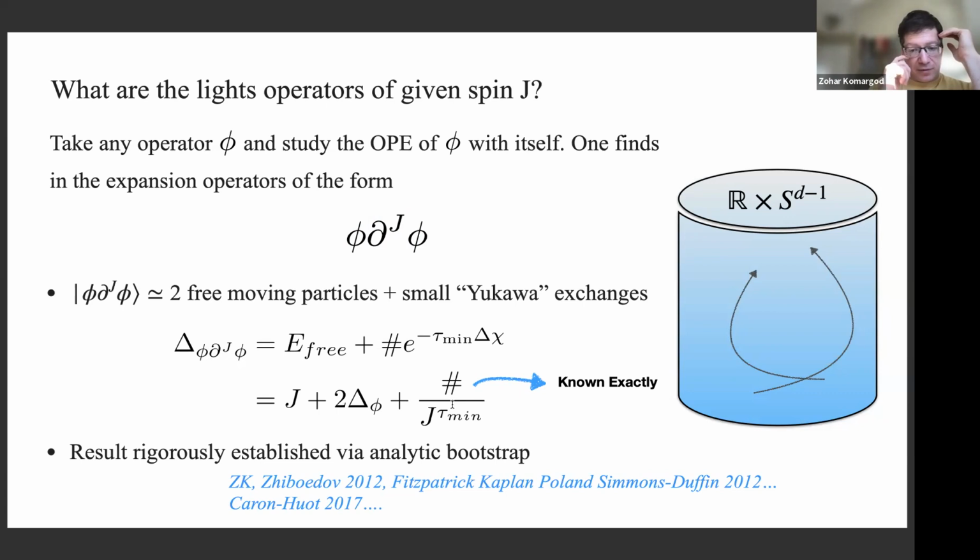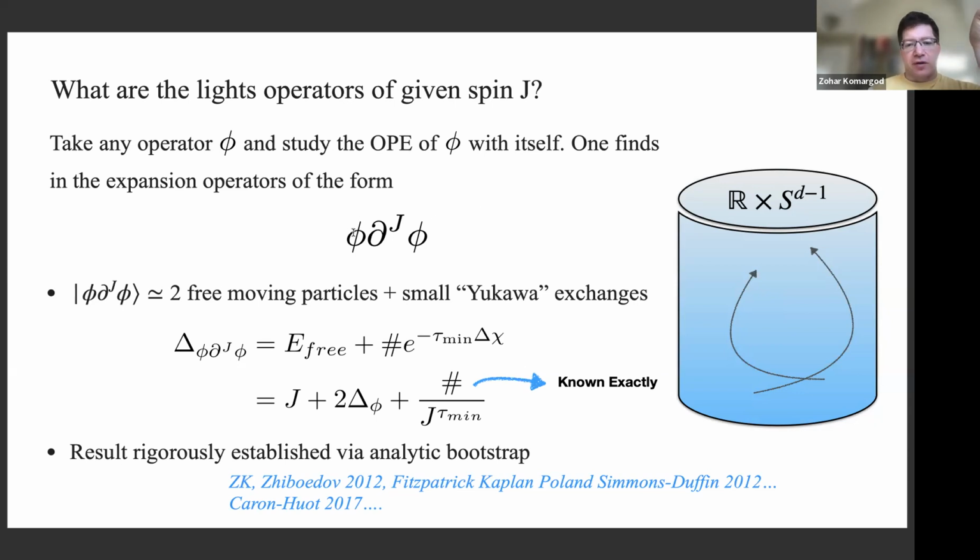After all, it's an interacting conformal theory, but the corrections go like an inverse power of J. The exponent of this inverse power is going to be 1 in this talk, because it's 1 in all the interesting examples that we'll cover today. So think about tau min as 1. And this is some coefficient that is actually exactly known. You can obtain it by an analog of the one-loop computation of the beta function in QCD.